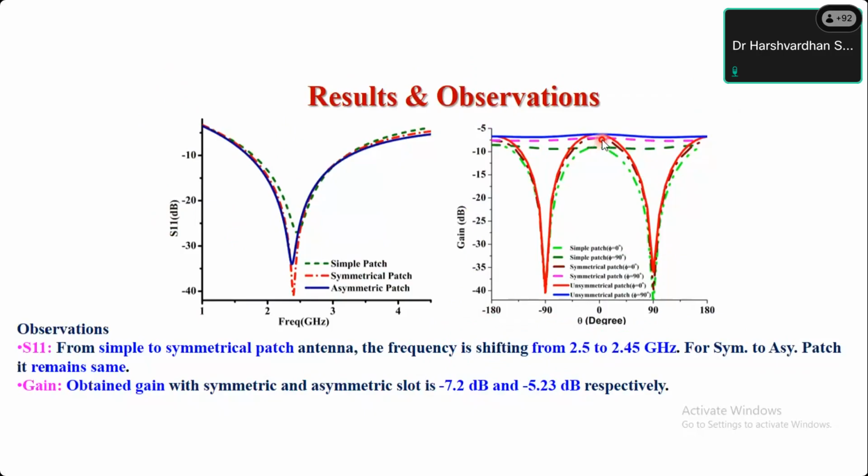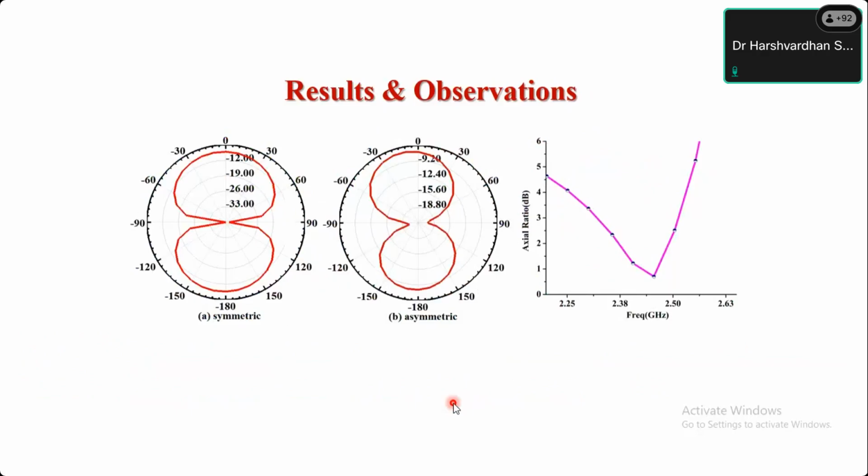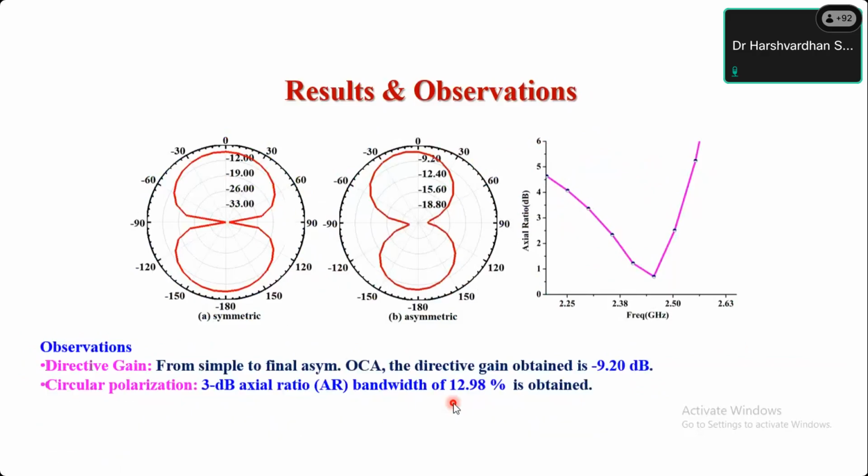After the asymmetry is there, it will increase a little bit, and that is also the directive gain. So that is how we can start designing the on-chip antenna. You can see the gain here, it is almost minus 9.2 dBi, the final gain, and that is a result of circular polarization that I am not going into now. Okay, so that is the first.